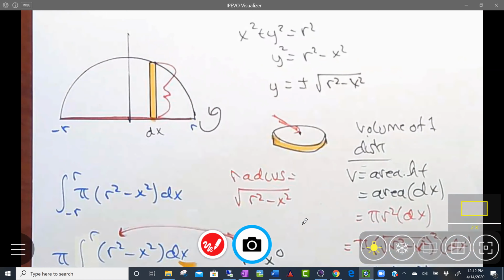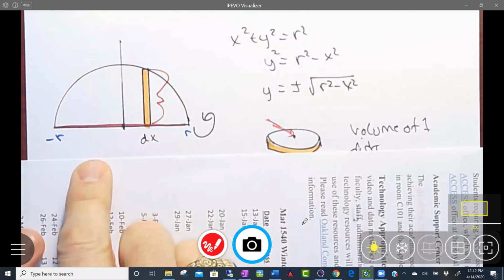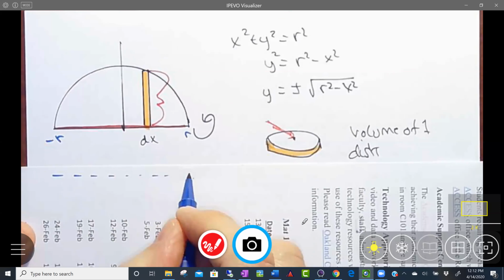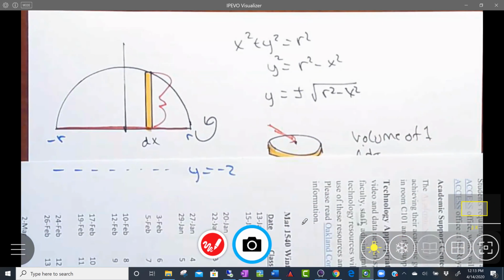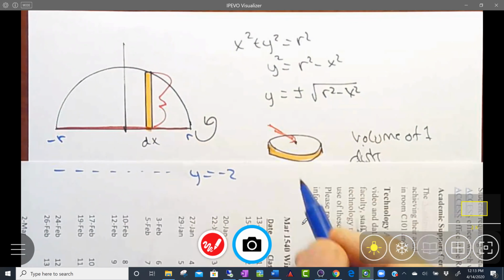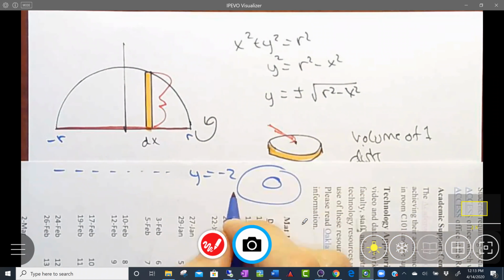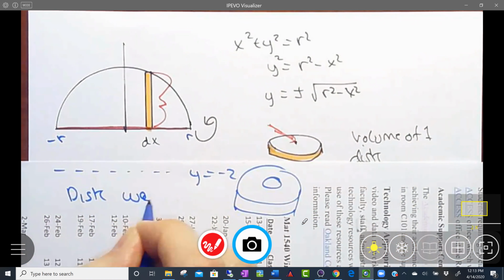But for instance, what I could do, if I wanted to, is instead of rotating it around the x-axis, what if I rotated it around a line like, say, down here, around y equals -2? Then I'm going to get a much different figure, and then you're going to have to do some work. And maybe there's a gap, so that when you rotate it around, instead of getting a nice cylinder, you're going to get a hole in your cylinder.